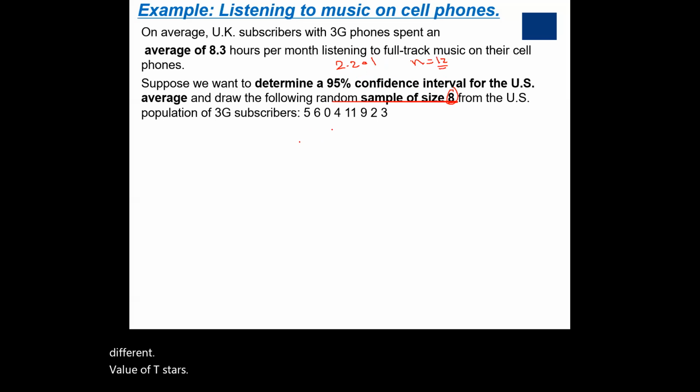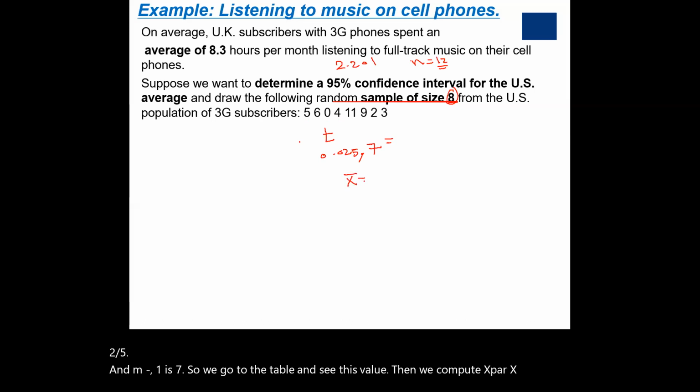Okay, let's see. For t, we are going to use alpha over 2, 0.025, and n minus 1 is 7. So we go to the table and see this value. Then we compute x bar, summation of x over n.